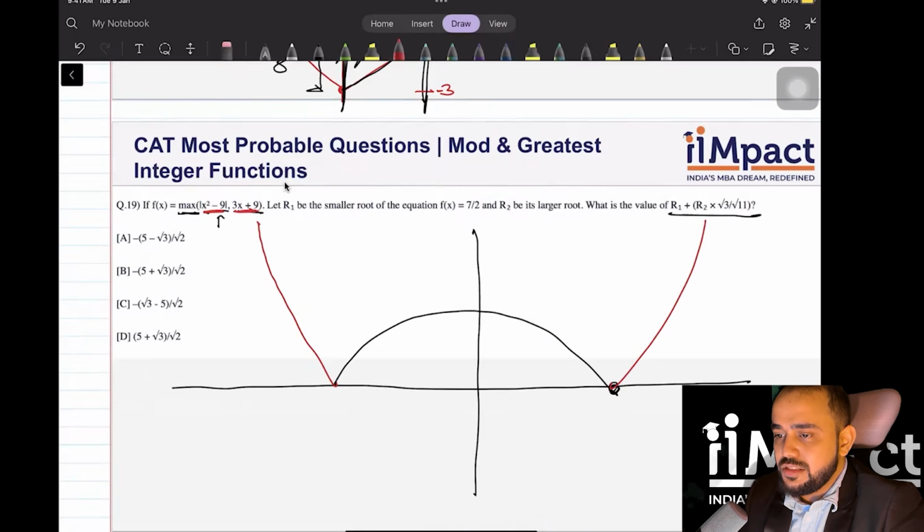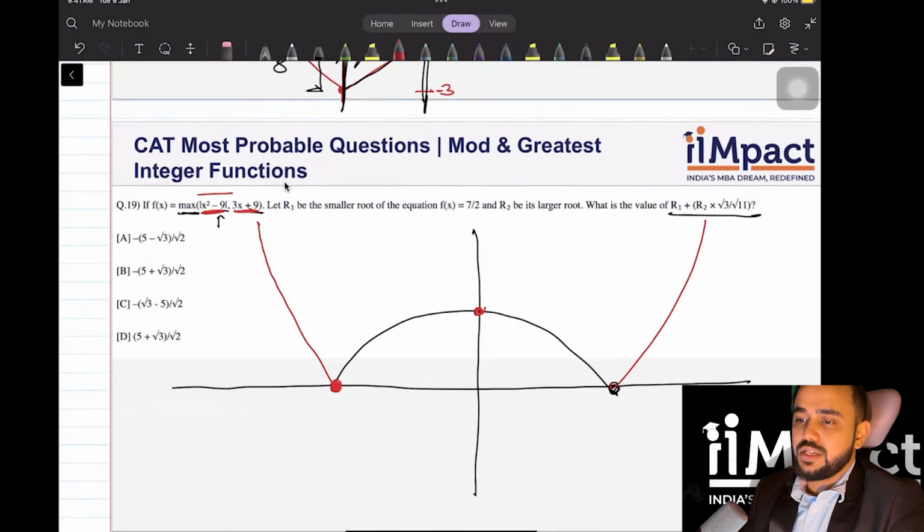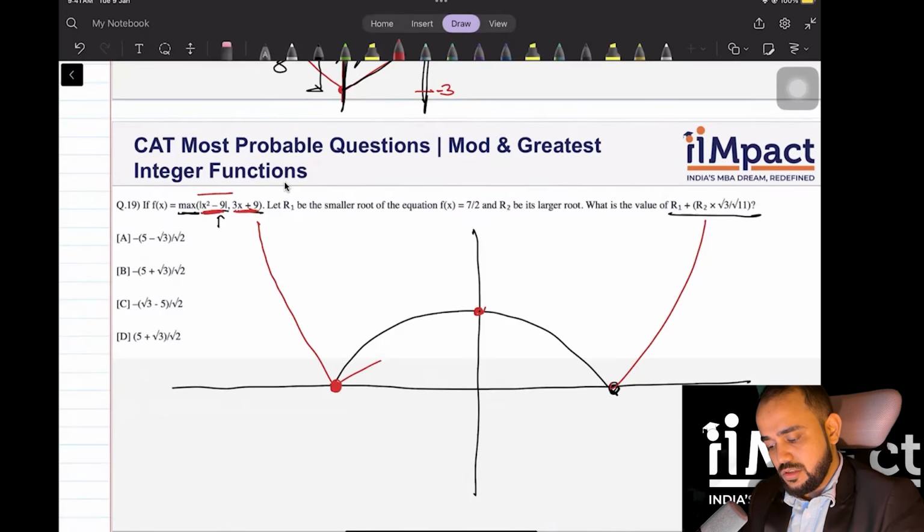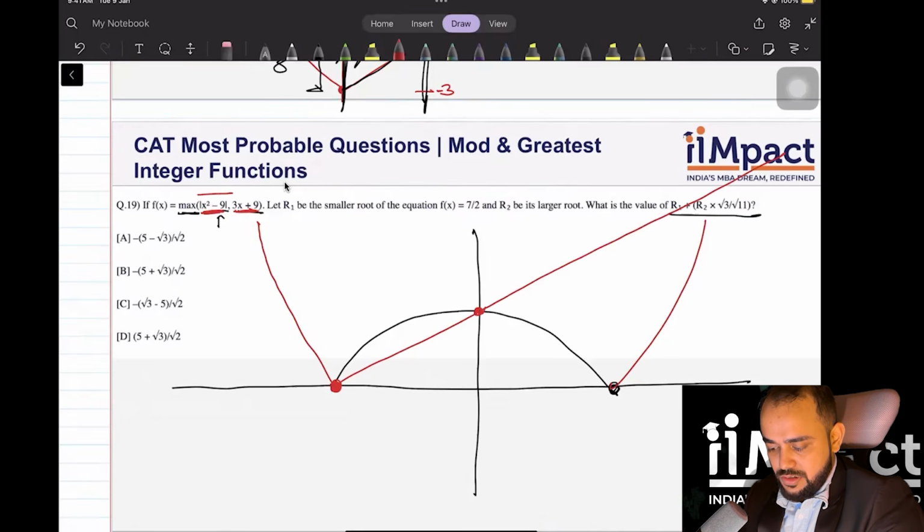It will be 0 when x is equal to minus 3, so that point is common here. The slope is going to be positive. And at x is equal to 0, my value is going to be 9, which is going to be this value, because when I inverted, at x is equal to 0, mod of x square minus 9 will also take a value of 9. So this is going to be my function.